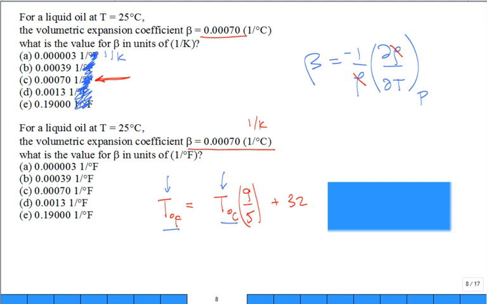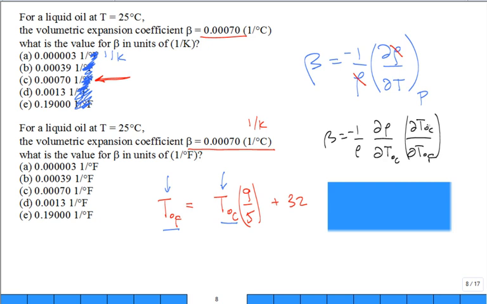So let me try that same syntax. I have beta is equal to minus 1 over rho, the rate of change of rho, but I already have it in the rate of change in degree C. And I really need it in the rate of change of degree F. So I would just multiply by how much change in degree C per the change in degree F. True?